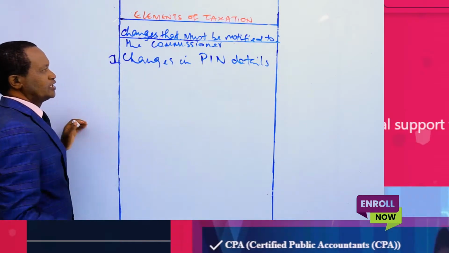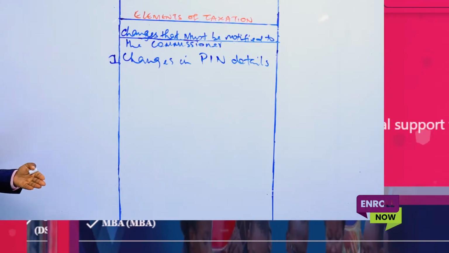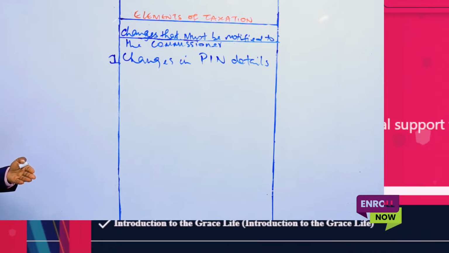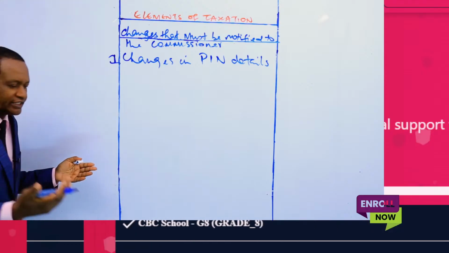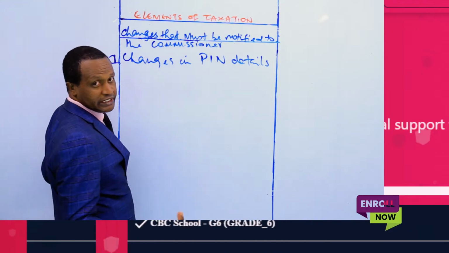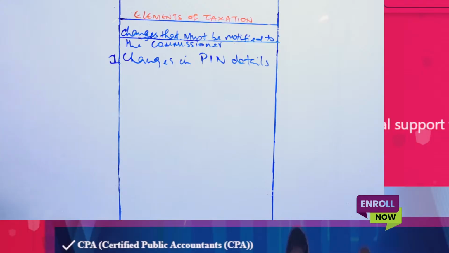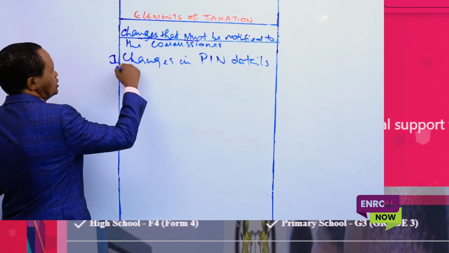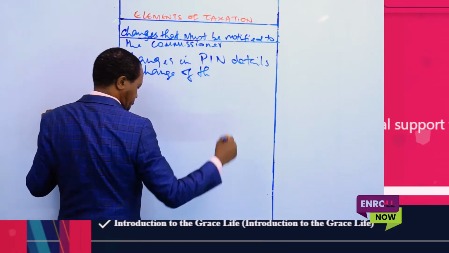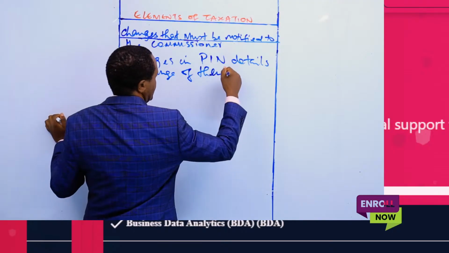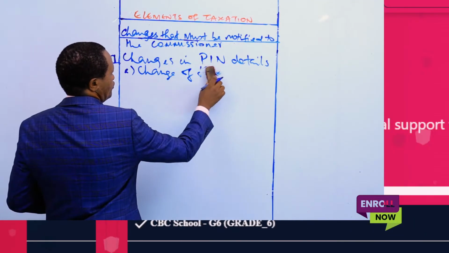These are changes related to the initial registration. So changes in personal identification number details covers a broad range of changes related to the initial registration details. And this may include change of names. One, change of name, the name of the taxpayer.